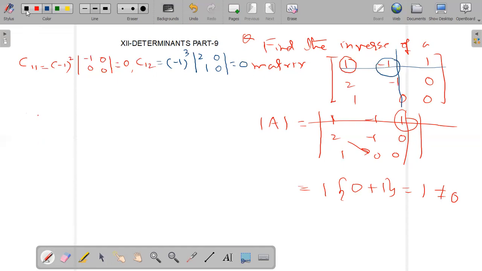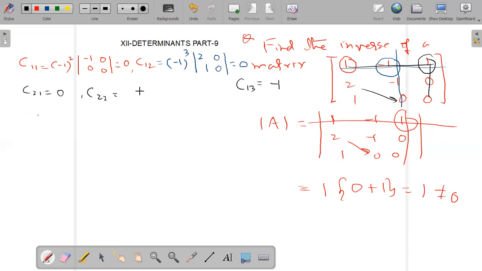C11, C12, C13. Similarly, we will find C13. I told you how to find it: just this row, this column, and minus 1 to power 4, 2 into 0 minus, minus 1 times 1, so minus 1. C13 is minus 1. Similarly, we find C21, 0.